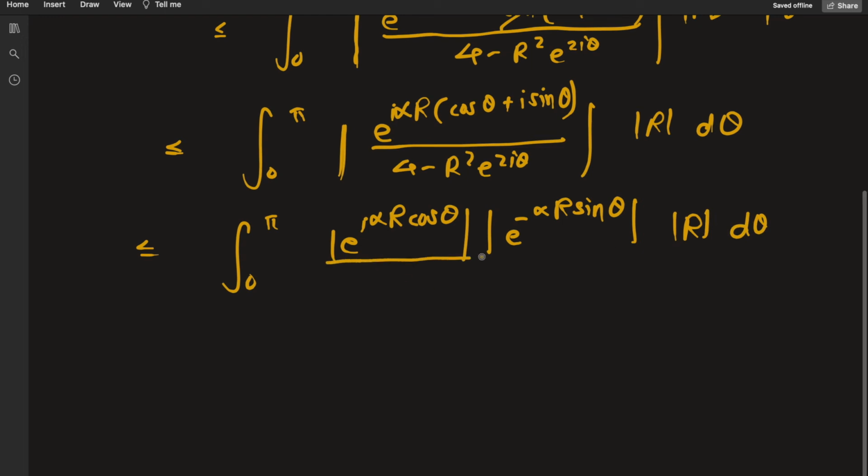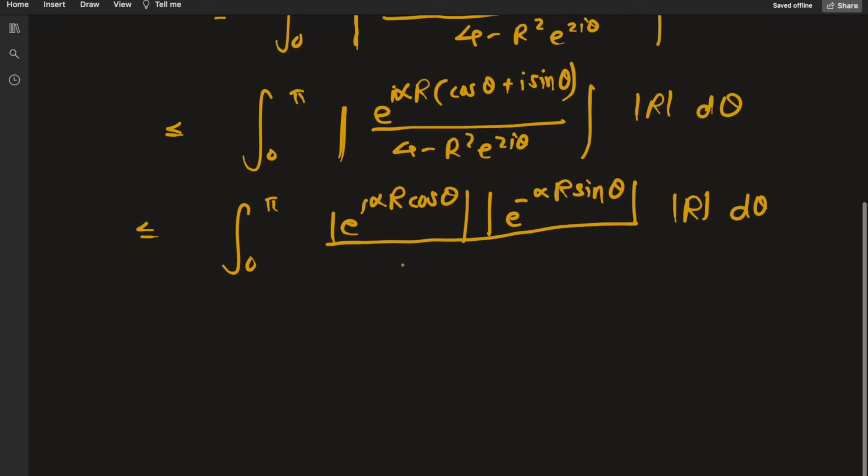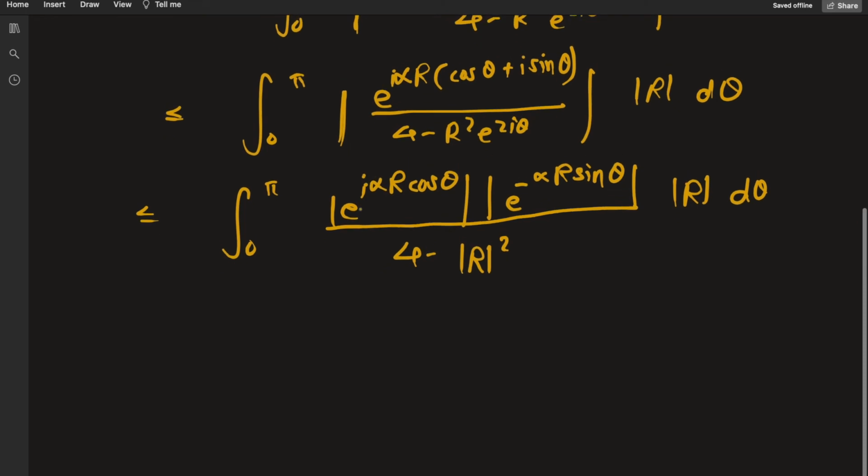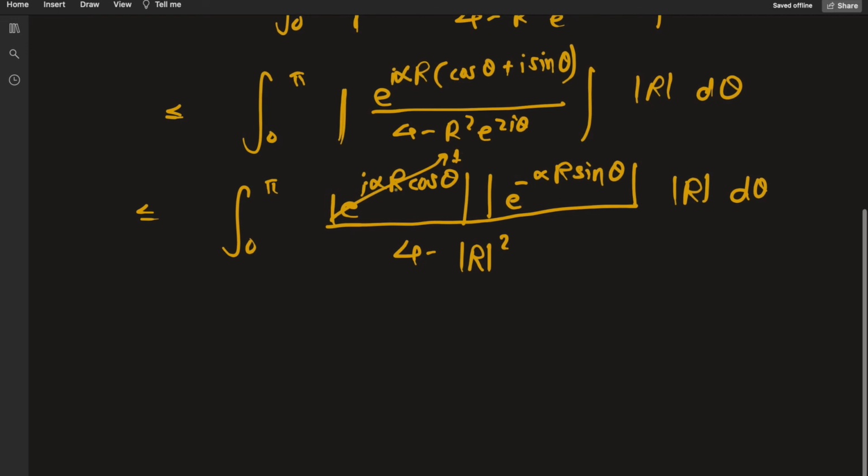And in the denominator we can use the reverse triangle inequality again, 4 minus r squared, because the modulus of e to the 2i theta will be 1. The modulus of this guy will be 1 because e raised to i times anything is 1 in modulus.